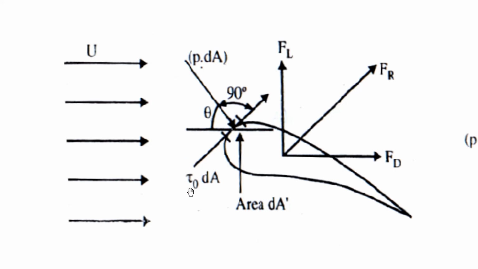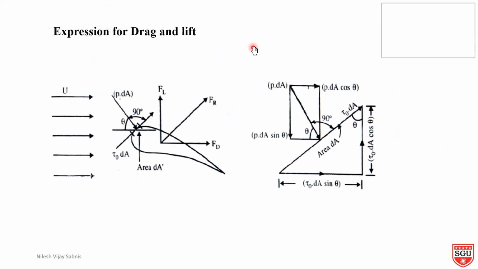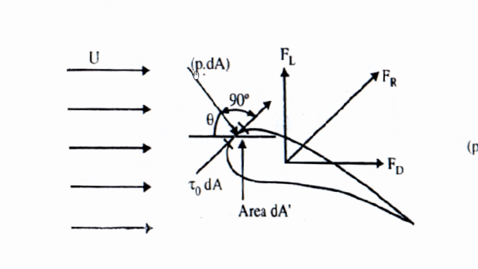First is the pressure force, that is P into dA. P is the pressure, dA is the area, and that is the pressure force. Then there is another force, which is the shear force, in this direction, and it has value shear stress tau 0 multiplied by area.